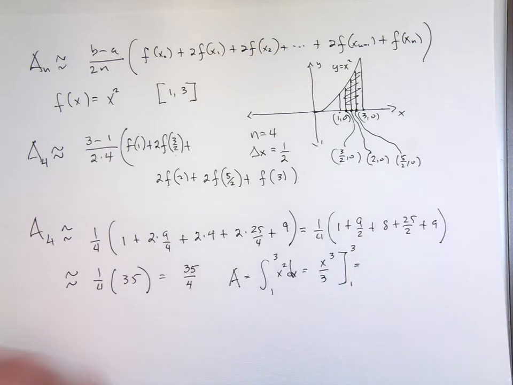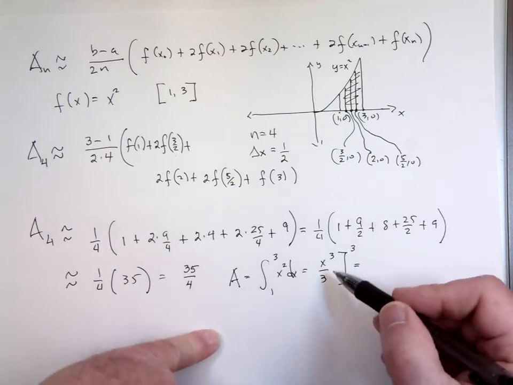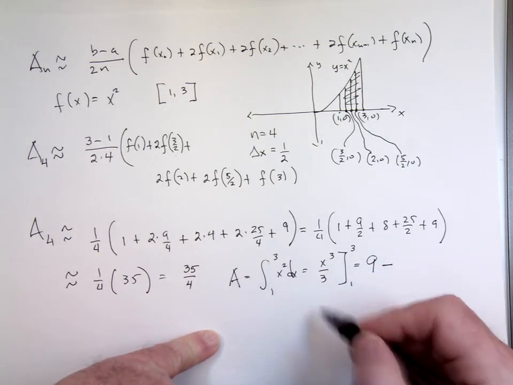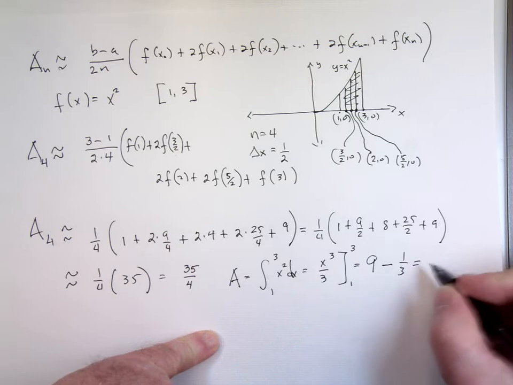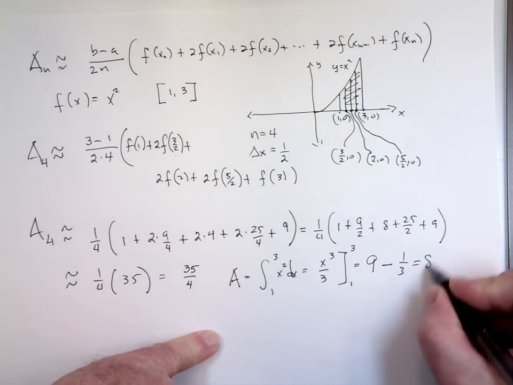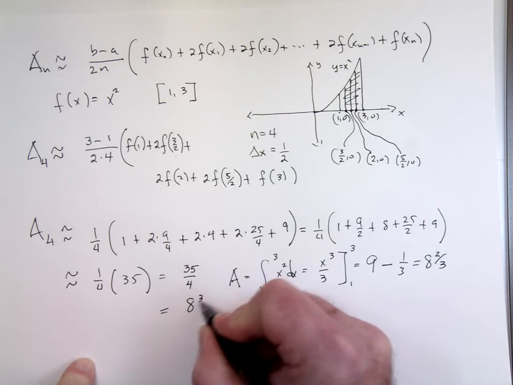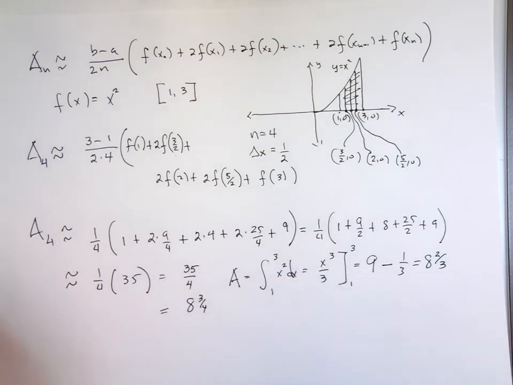We get 3 cubed, 27 over 3 is 9, minus 1/3. We get 8 and 2/3. This is 8 and 3/4. That is pretty close. That is really close, using only 4 trapezoids.